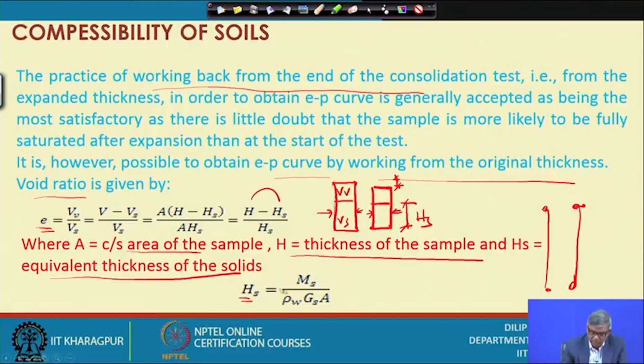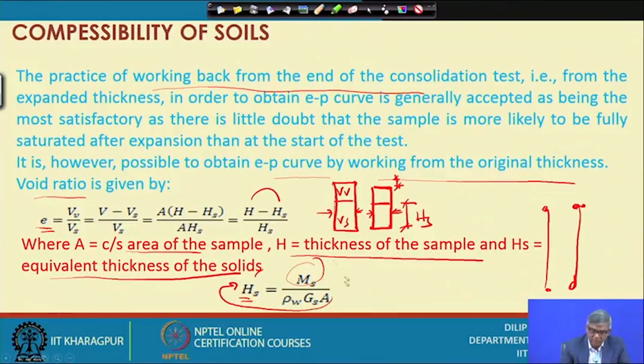So, Hs equals total mass divided by rho W Gs into A. So, Hs can be calculated if you know the mass, rho W Gs and A. We can say the volume A into Hs will be Ms by rho W Gs, and so Hs is Ms divided by rho W Gs into A.